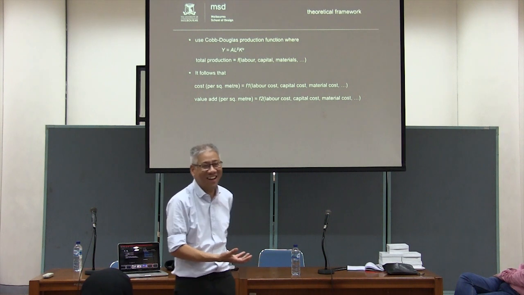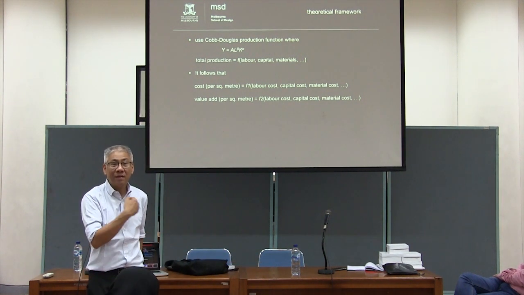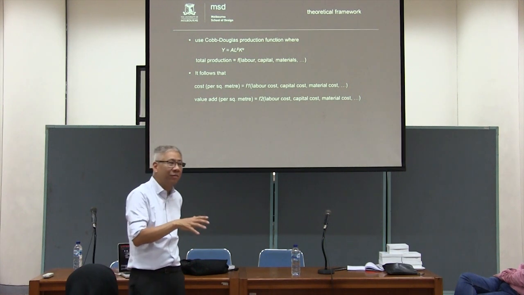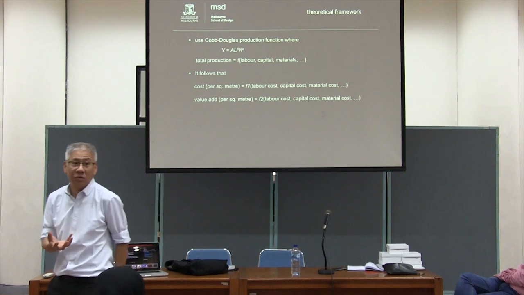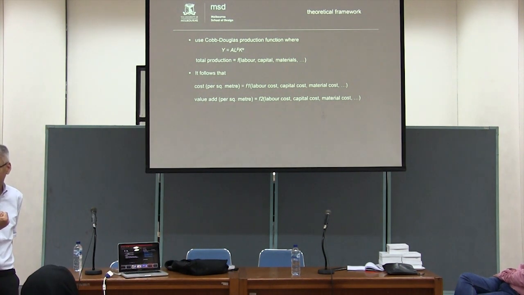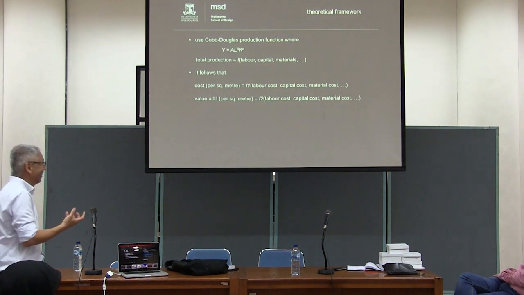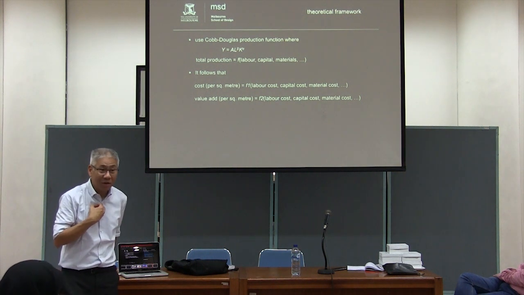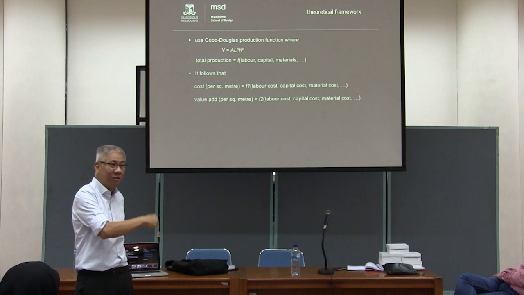Whereas our cost of capital is relatively low. It is interest for loans, because that is the cost of using money. Even money has a cost. Labor has a cost, and labor cost is wages. Capital cost is interest.